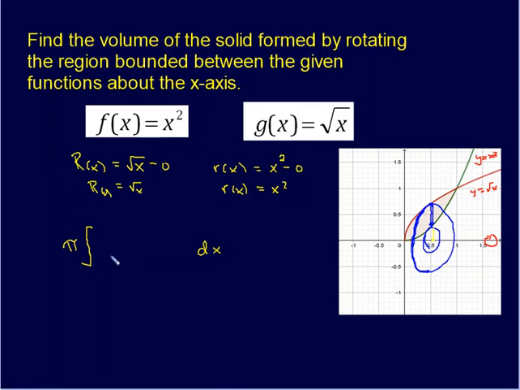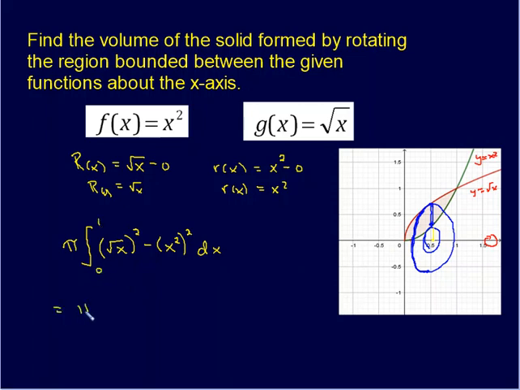And remember, the template in our integrand then is large radius squared minus small radius squared dx. And the interval goes between x equals 0 and x equals 1.